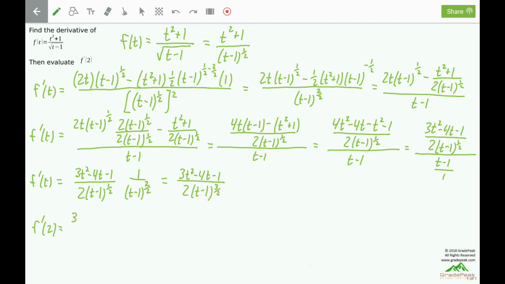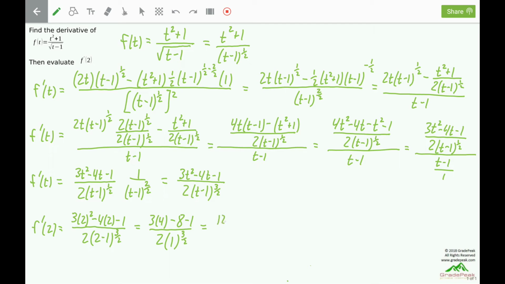And we will have 3 times 2 squared minus 4 times 2 minus 1 over 2 times 2 minus 1 to the 3/2 power. 2 squared is 4, so 3 times 4, minus 4 times 2, which is a -8, and then minus 1, over 2 times 2 minus 1 is 1, that will be to the 3/2 power.